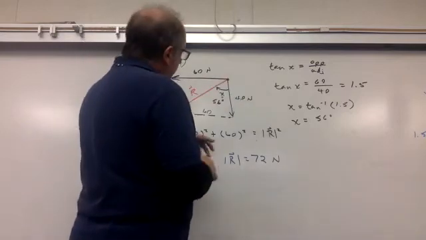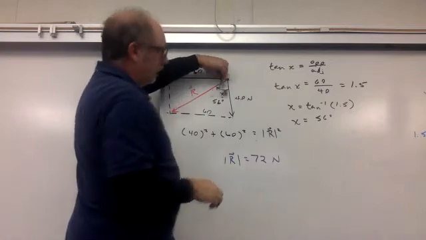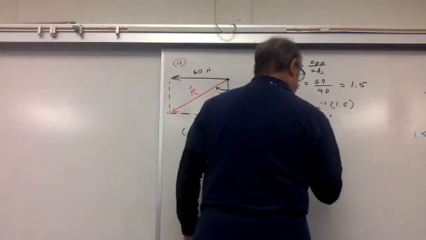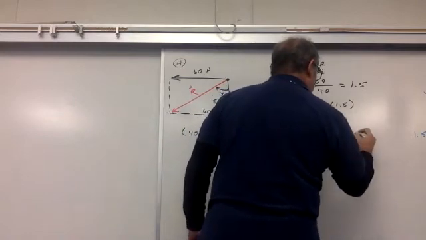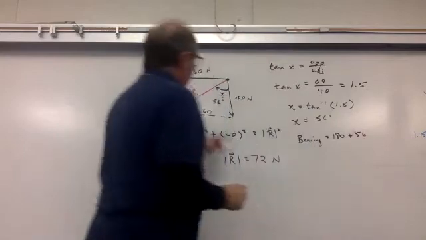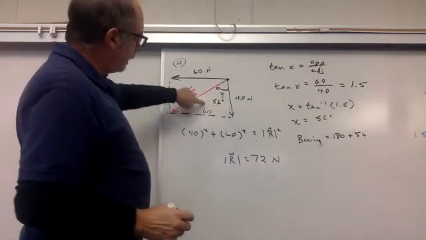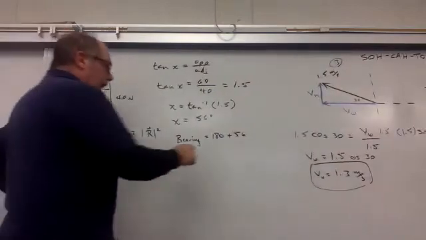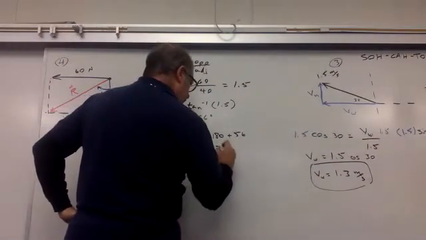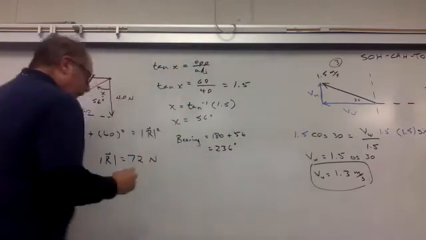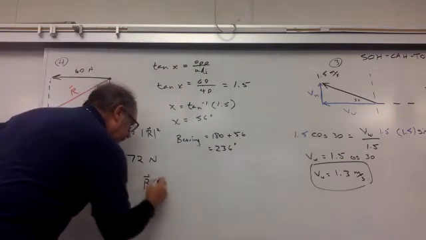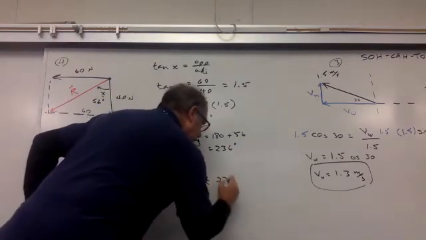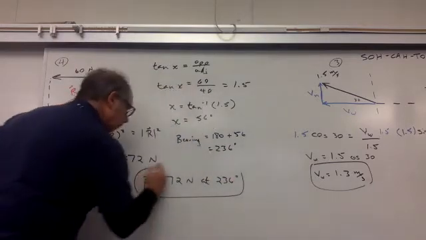I'm starting at 180 and I'm increasing, so the bearing is 180 plus 56, which is 236. So the resultant, my answer, is 72 newtons at 236 degrees.